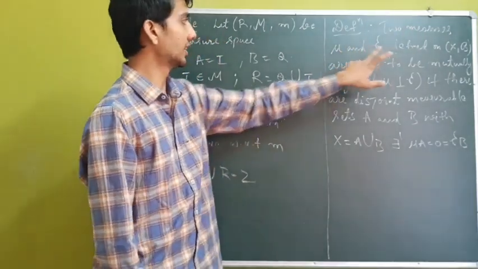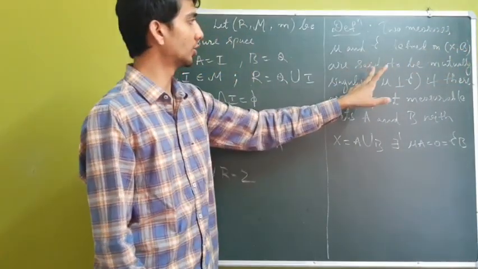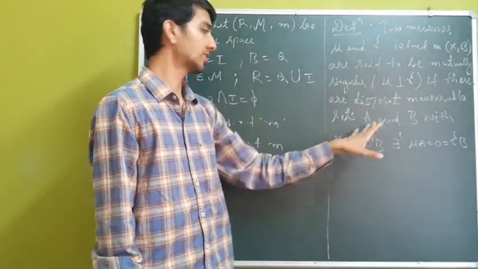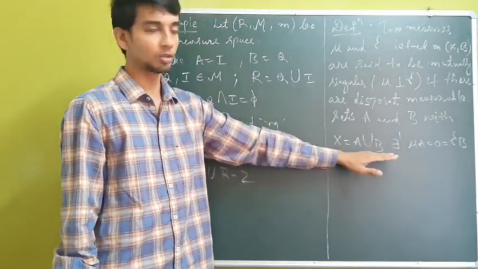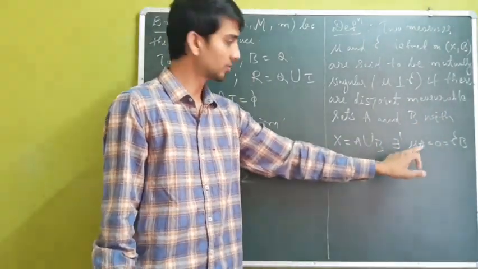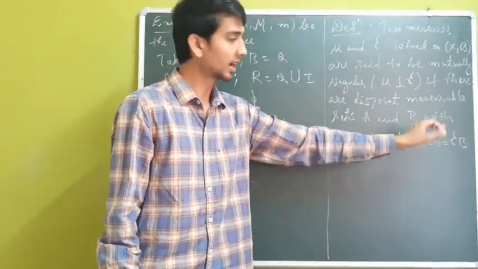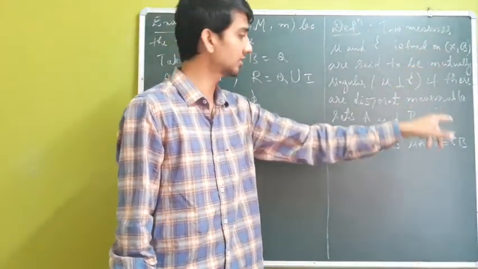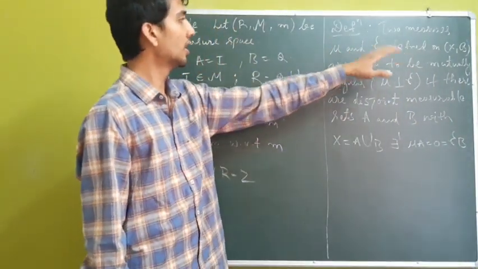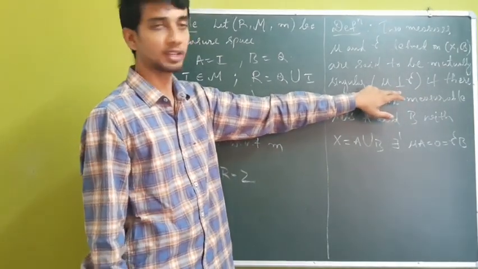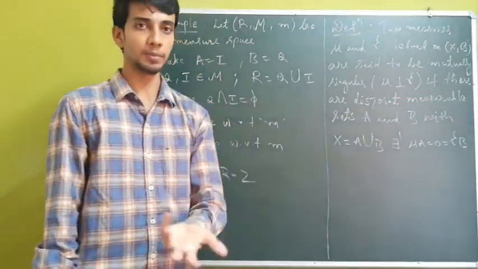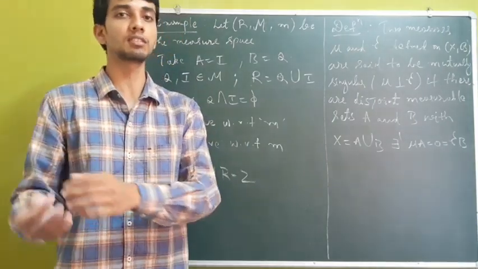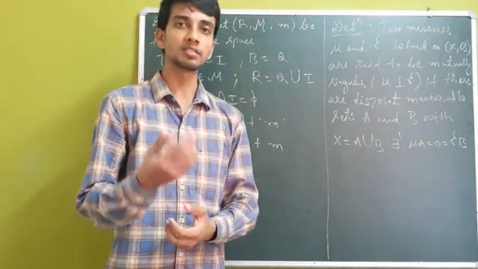Two measures mu and gamma defined on a measurable space are said to be mutually singular, denoted by this symbol, if there are disjoint measurable sets, say A and B, with the set being the union of A and B, such that mu of A is 0 and gamma of B is 0. So this is said to be a mutually singular measure.